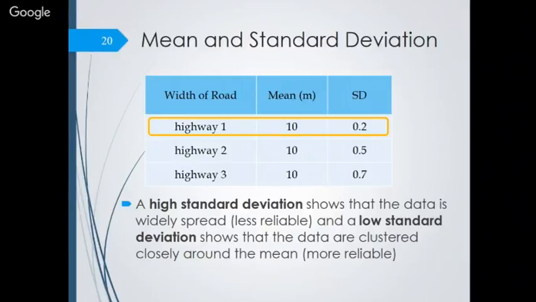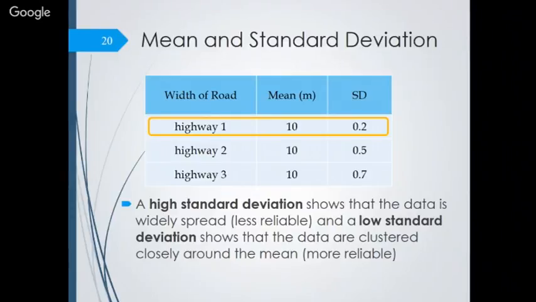For 3 highways they measured such widths and calculated the mean and standard deviation for each. For the first highway the mean is 10 and the standard deviation is 0.2. For the second highway the mean is again 10 and the standard deviation is 0.5, and for the third highway the mean is 10 and the standard deviation is 0.7. So in all the cases the average width of the road is 10, but the standard deviation varies: 0.2, 0.5 and 0.7.